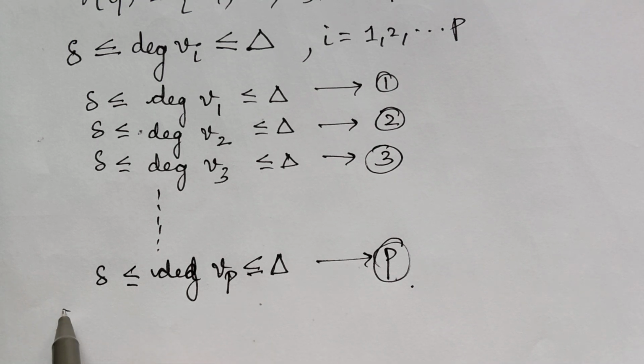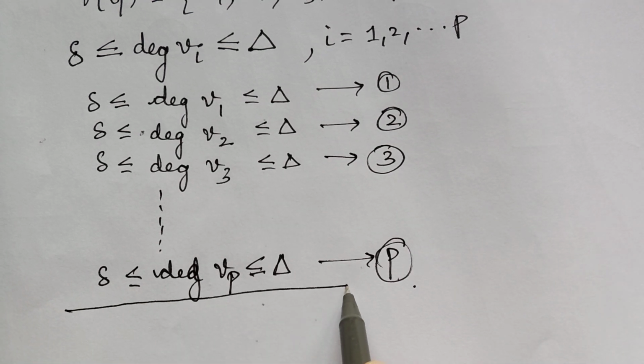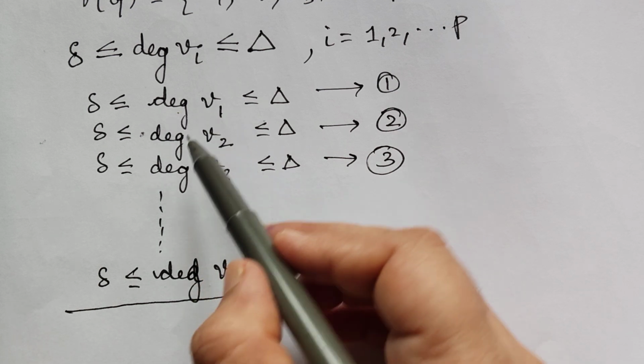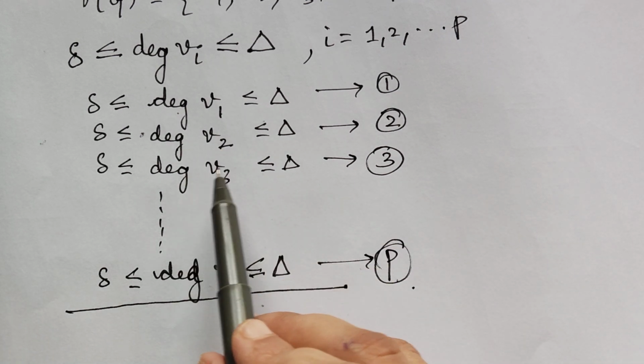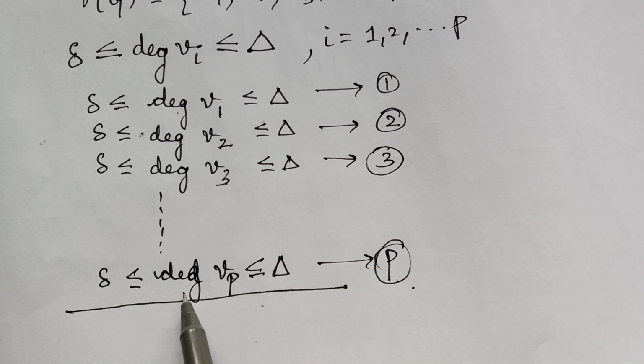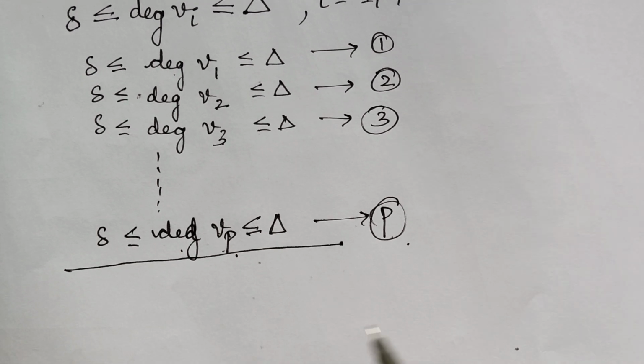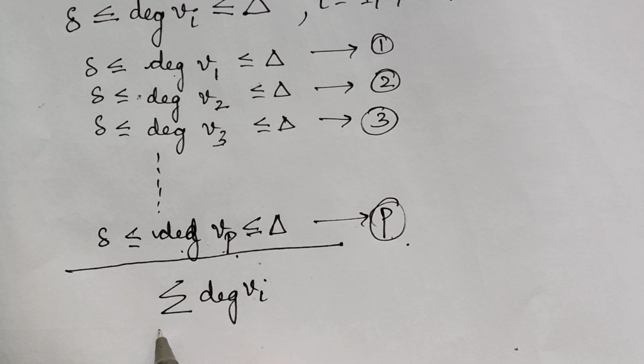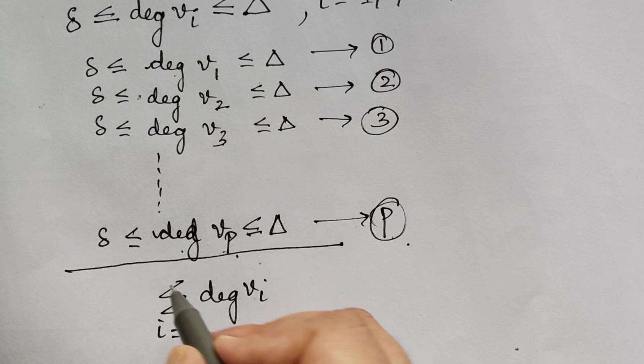Now if you sum up all the equations, that is if you add all the equations, you will be having it as degree of v1 plus degree of v2 plus degree of v3 plus etc. up to degree of vp. It is actually the summation of degree of vi for i varying from 1 to p.